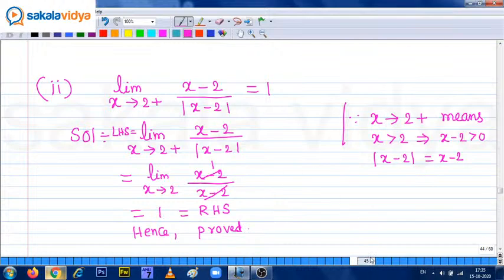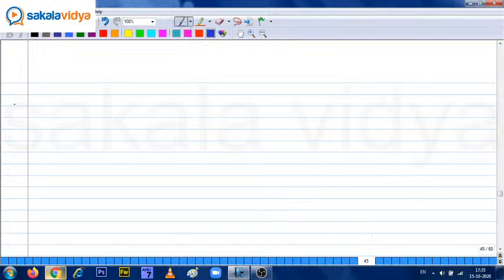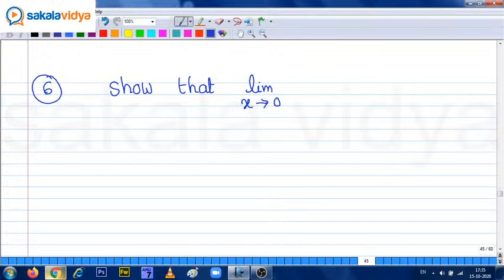Now let us move to the sixth problem. So let's have a discussion on the sixth problem. Very good, Karthik. Show that limit x tends to 0 plus of (2 mod x upon x plus x plus 1) equal to 3.